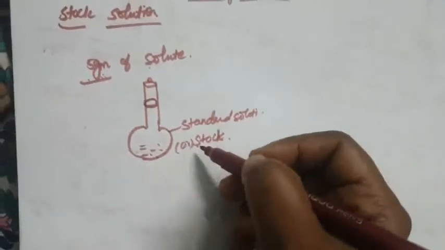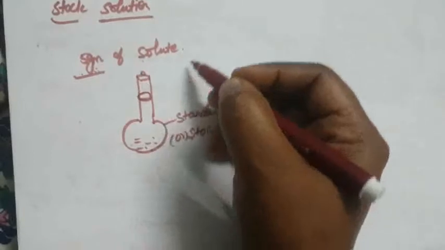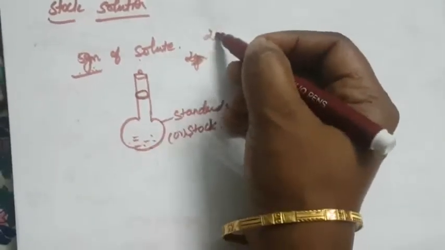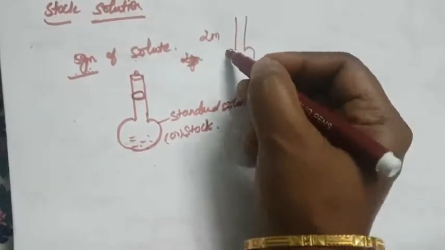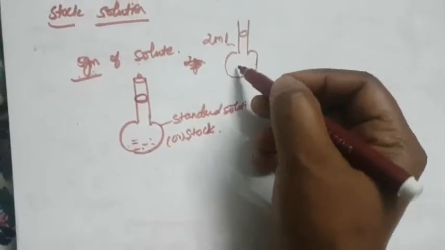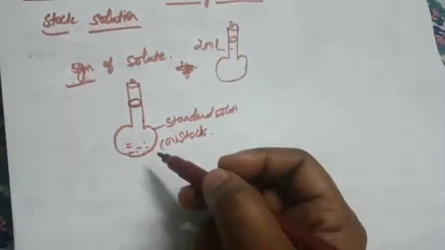So from this stock solution we take 2, that is, out of the 100 ml, 2 ml. We take 2 ml from this and make it up again to 100 ml. So the 2 ml is dissolved into another 100 ml. That is called working standard. What is working standard?